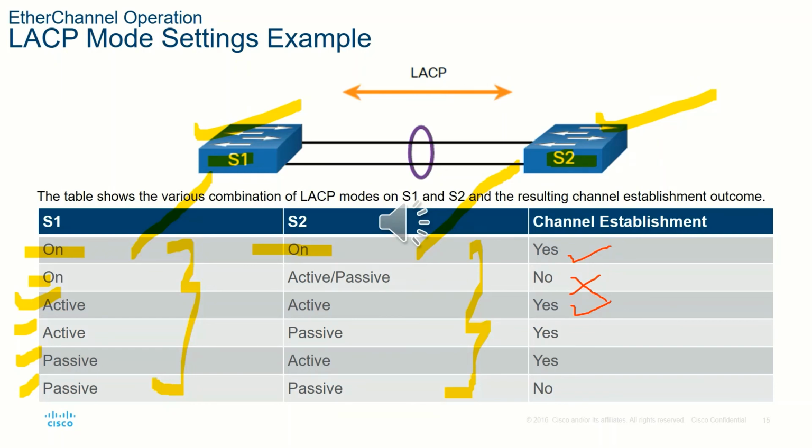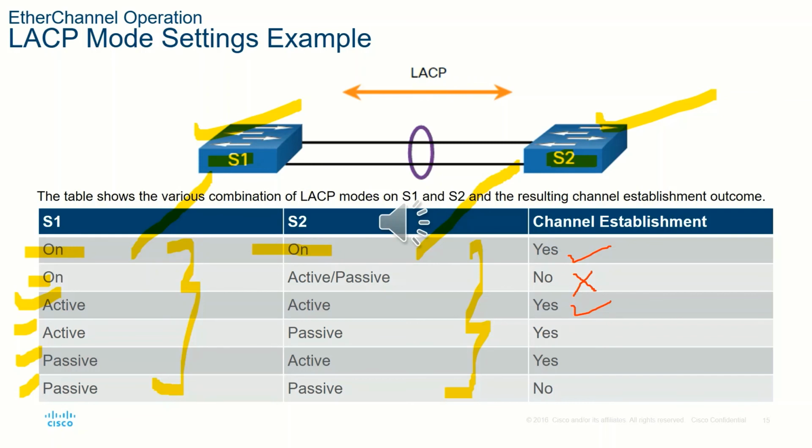Both switches will send LACP packets to negotiate, and it will create the EtherChannel. So S1 sends the LACP packet to S2, and S2 also sends the LACP packet to S1. So the EtherChannel will be established easily.